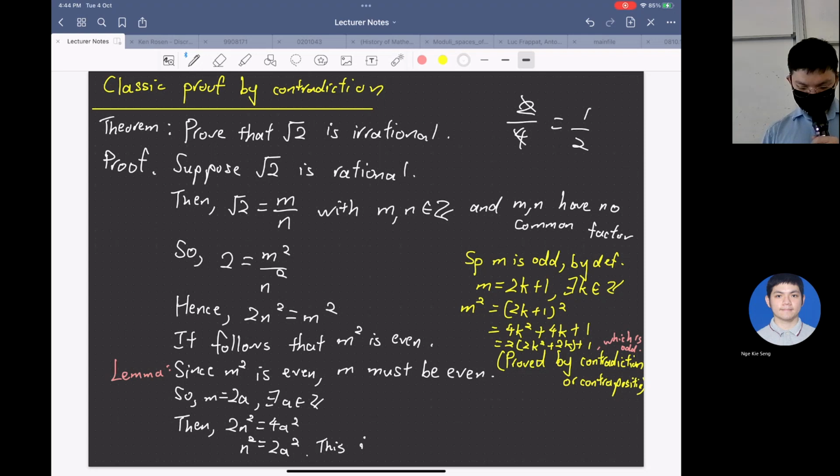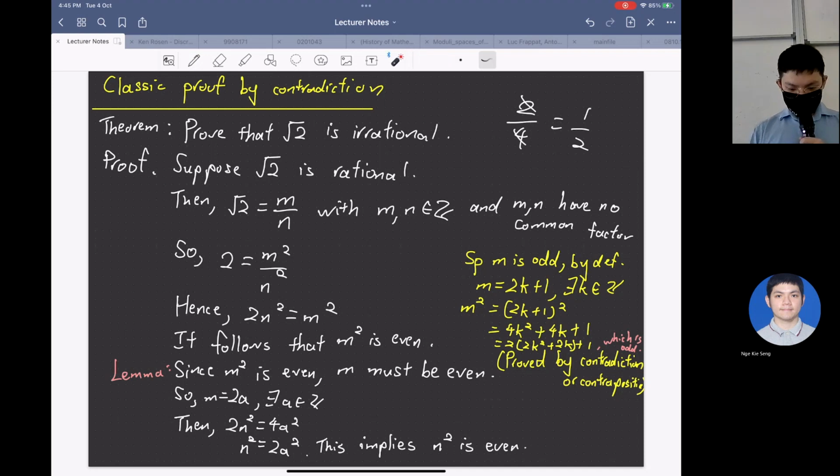This implies what? N squared is even or odd? Even. N squared is even, right? This implies n squared is even.